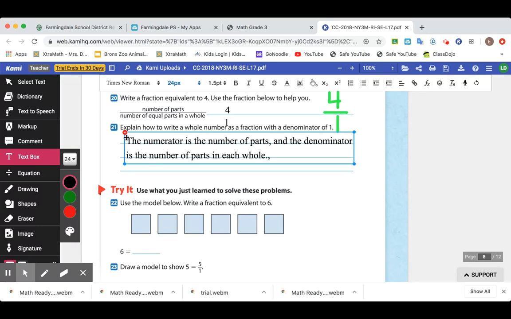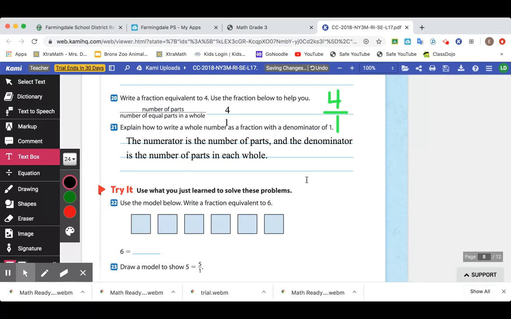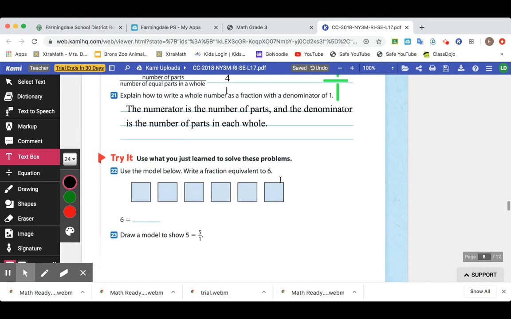So if it stayed whole and it hadn't been cut, it's 1 part. Kind of an unusual thing to learn, right? A little tricky, a little hard to get used to at first, but you get used to it as we go.